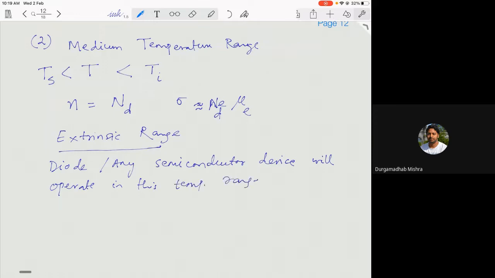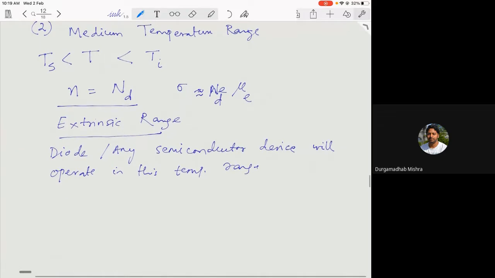Because within this temperature range, the charge carrier concentration, in this case electrons, is equal to the number of dopants. So this is the ideal operating temperature range for your device.